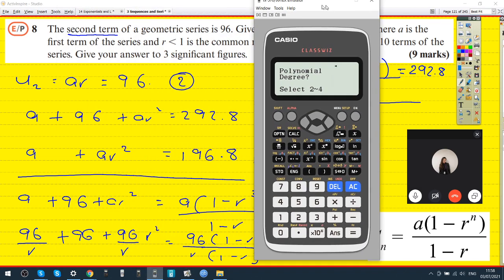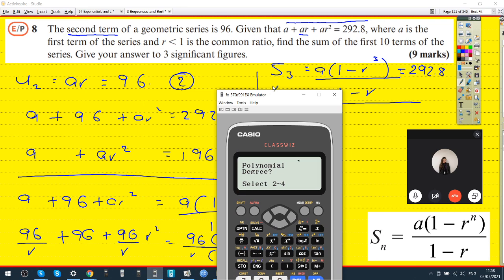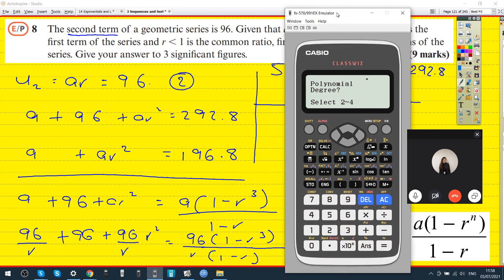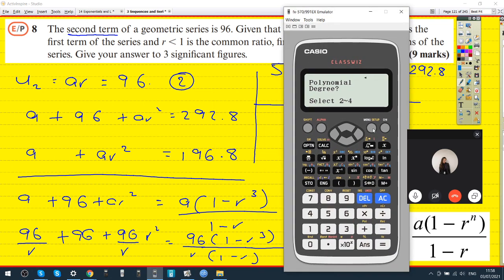There's a common ratio. Hang on. I just want to see what happens if I put this whole thing into my calculator. You could just put this whole thing in the calculator.